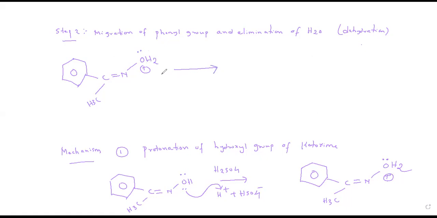Now, what is the problem with oxygen? Oxygen has only one lone pair of electrons, but when oxygen has two lone pairs of electrons, then only will it be stable, and we can remove a water molecule very easily. So I will break the bond between nitrogen and oxygen here. As oxygen is more electronegative, the electrons in the sigma bond will migrate towards oxygen.